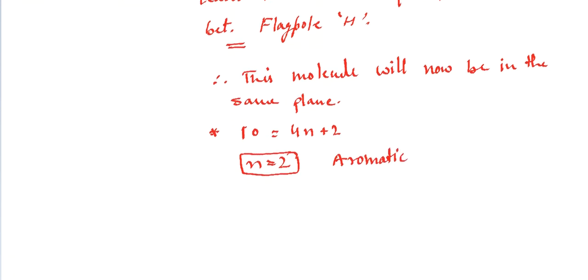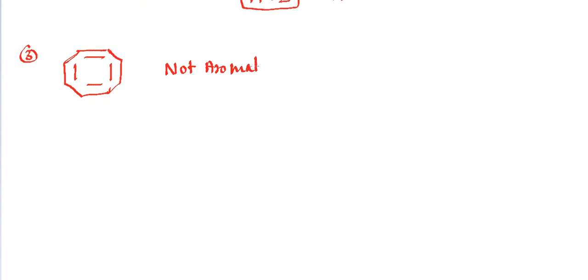Let's consider some more cases. Let's consider one more case, that is this case. So let us see this thing. So now this is again not aromatic. Let us see why.